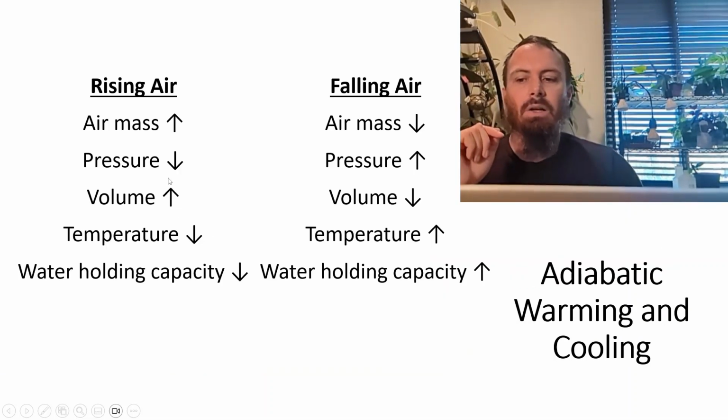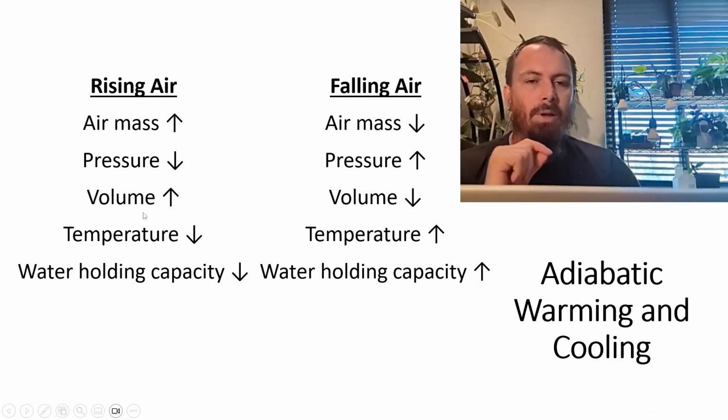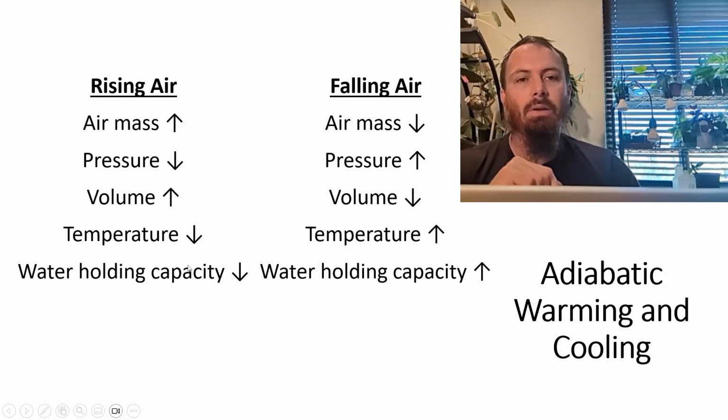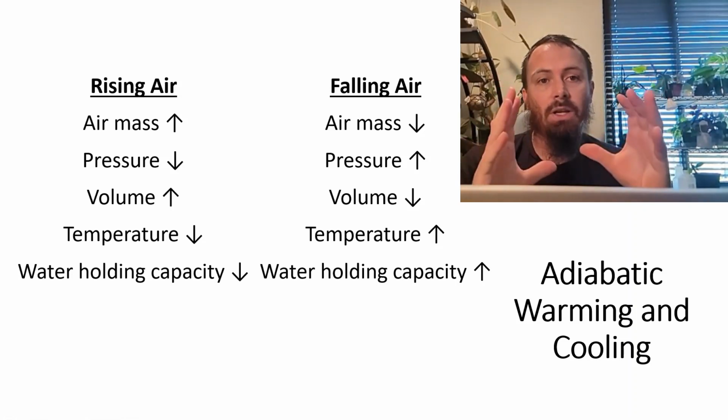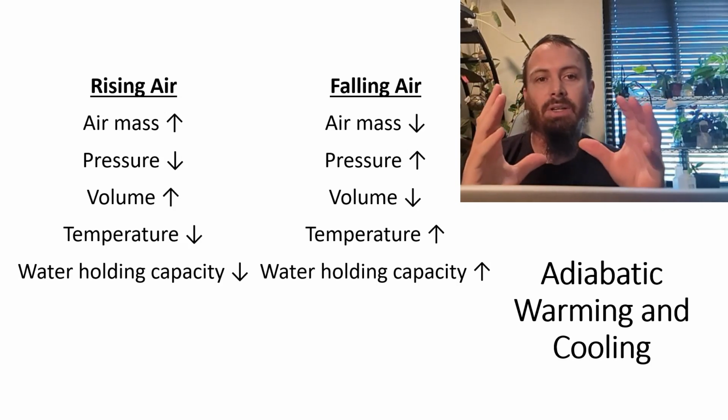So let's look at this here. Air mass goes up, pressure goes down, volume goes up, temperature goes down. Because of that, if temperature goes down, water holding capacity of the air goes down. What do I mean by that? Remember, air is holding water in it, right? And the amount it holds depends on the temperature of it.